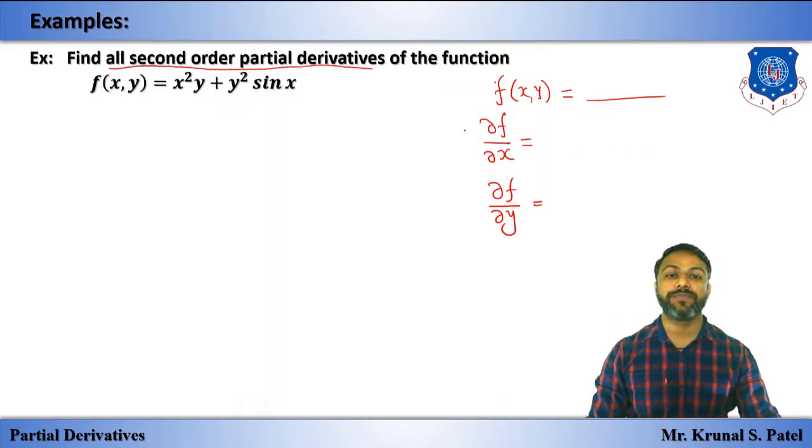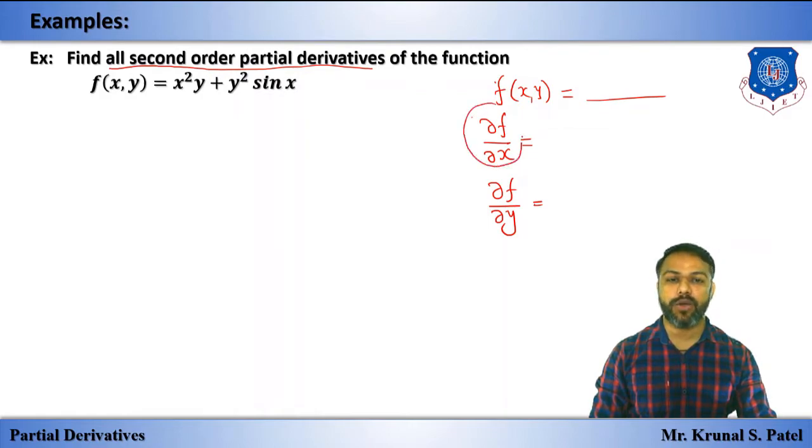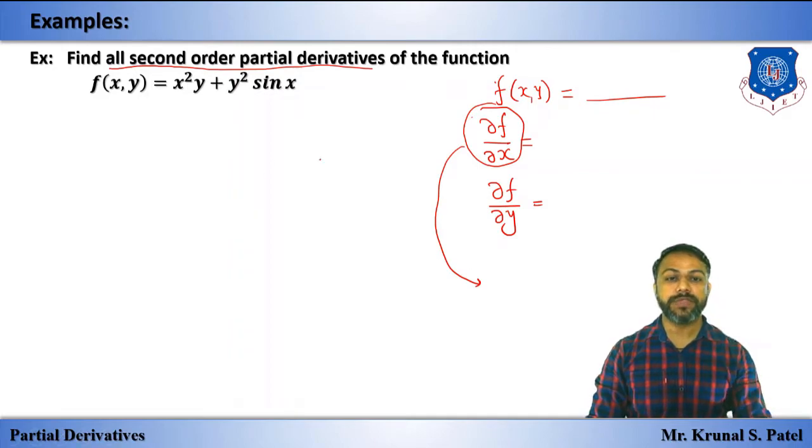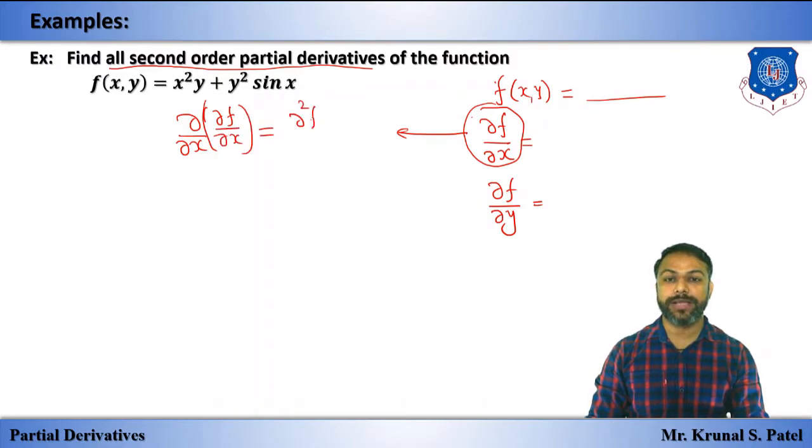Then after, by again differentiating this term with respect to x and y, we have this one. Okay, I'm writing here: we have del by del x of del f by del x, that means del square f by del x square, and del by del y of del f by del x.